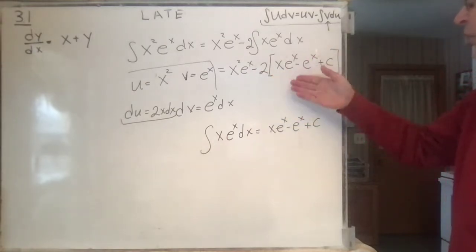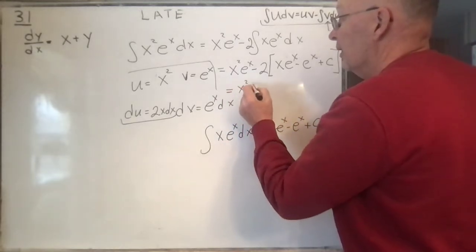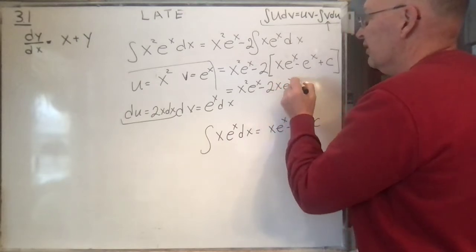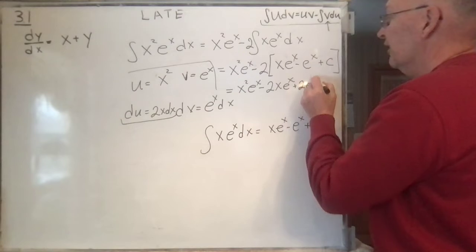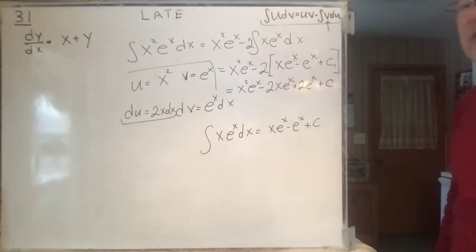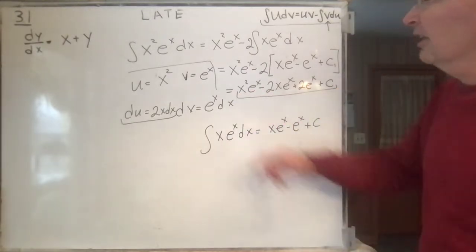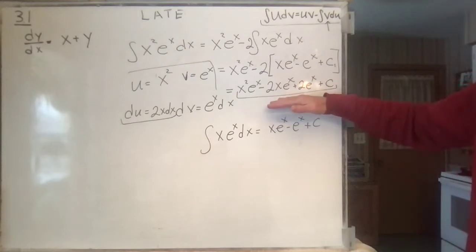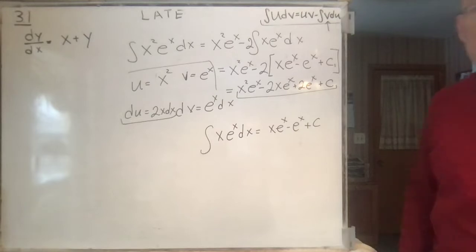So it's going to be x squared e to the x minus 2x e to the x plus 2 e to the x, and then I'll just say plus c again. I'll call that c1 and just call that c. So there's the antiderivative of this, and again you can check it by using the product rule or taking the derivative of this thing. You should end up with that by the time you're done.